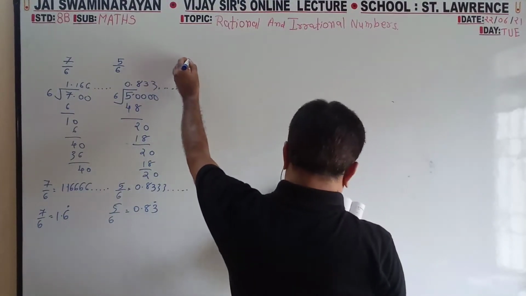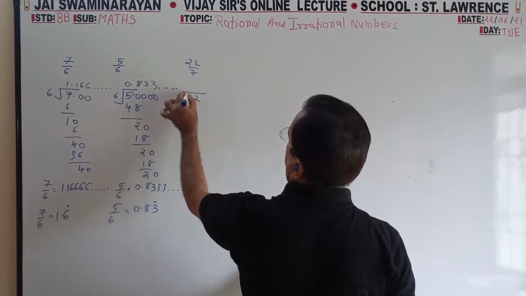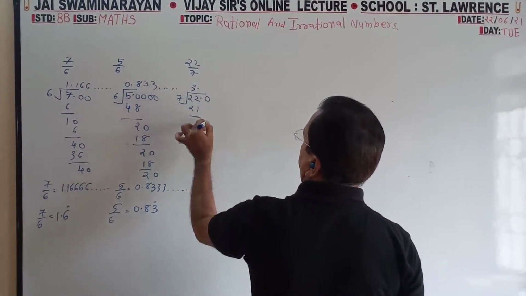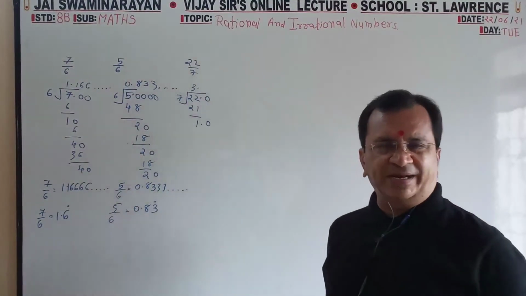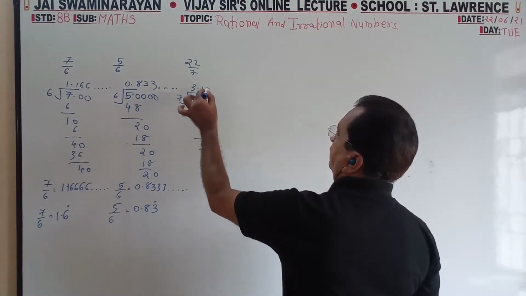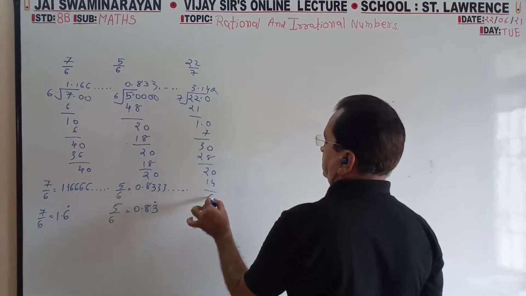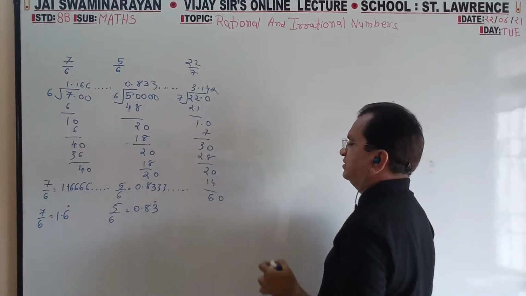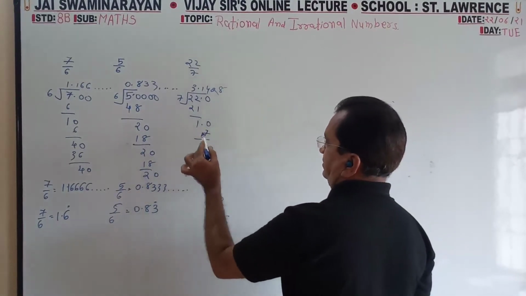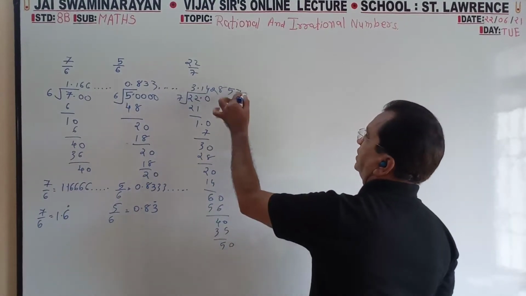For a bigger number, 22 by 7. So 22 by 7. 7 threes are 21. 22 minus 21 is equal to 1. Now 7 ones are, 7 fours are, 7 twos are, 7 eights are, 7 fives are, 7 sevens are.